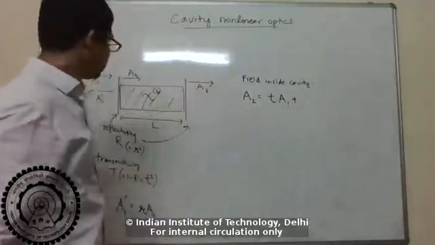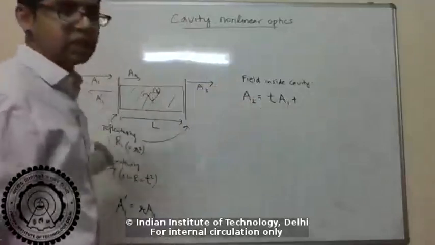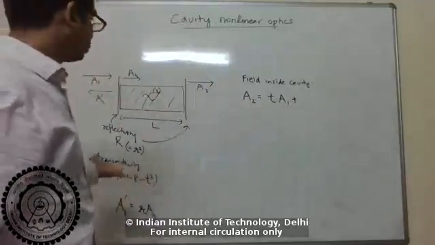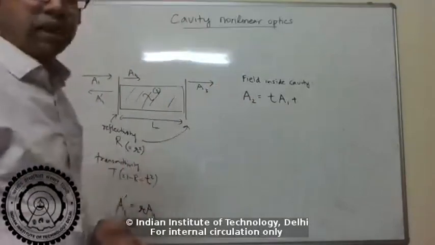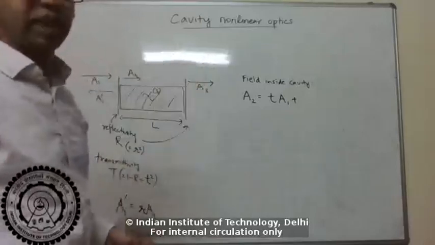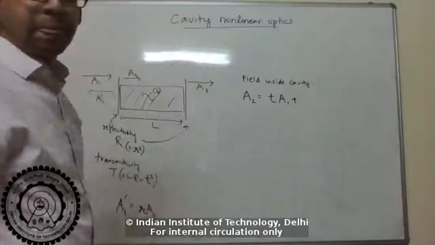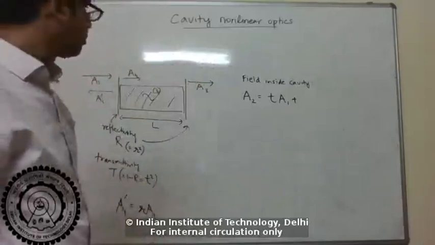So when initially you introduce the first few photons, some of them will go, some of them will come back, and it will take some time for the energy in the cavity to build up, right? And after that, if everything is constant, it will reach some steady state, so nothing is varying with time. So we can say that equilibrium is maintained between the input flux and the output flux.